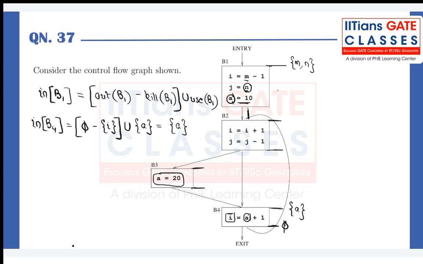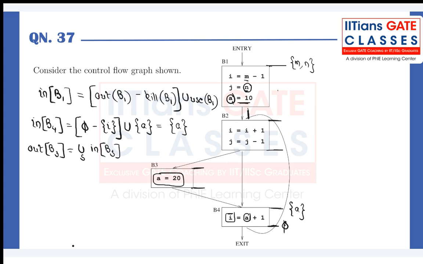And one more thing you need to look at is that out of B3 will be the union of the in of the successors. Who is the successor of B3? The successor of B3 is B4.